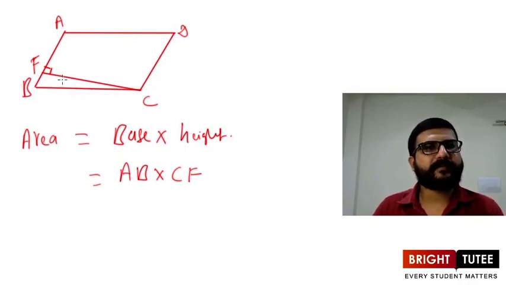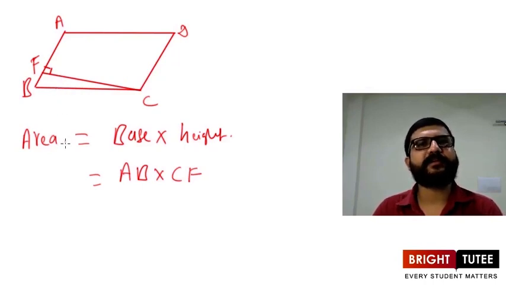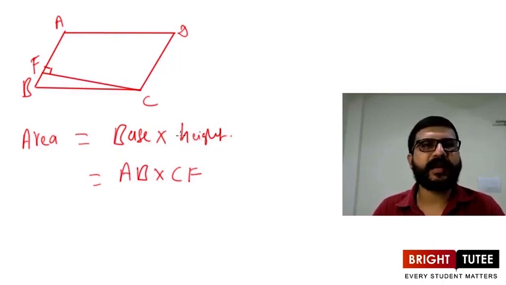The height corresponding to that base will be the perpendicular drop from the opposite vertex on that particular base. And area of the parallelogram will be equal to base into the corresponding height. Corresponding height means we have to take height according to the base only.